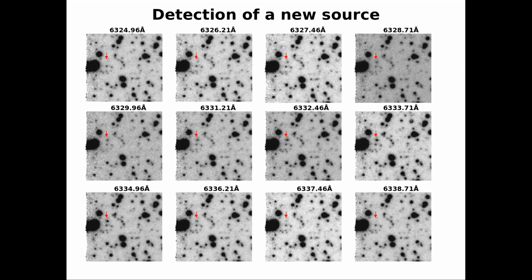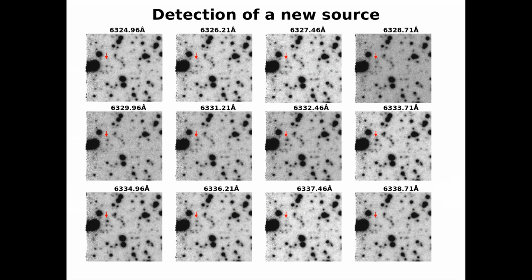So I mentioned that for us, that's a large field of view, but it's crowded with stars. And apart from that, I think we might have detected a new source.